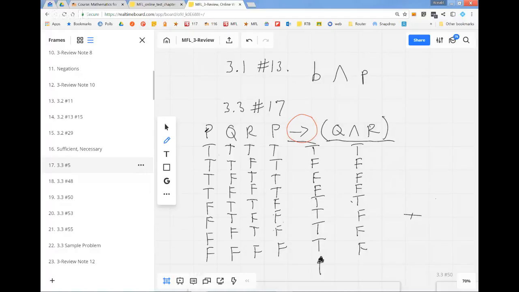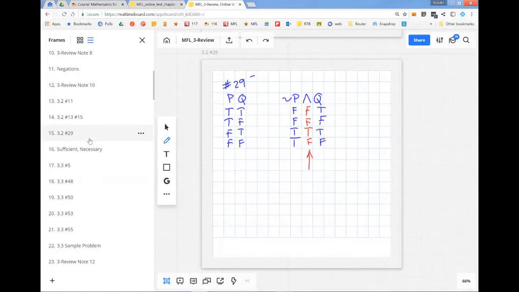I have a question on 3.2, number 31. All right. So this is not the right one, but it was close. Okay, number 31. We'll do that below here. So basically my biggest question on this one is when you have to find the negation for the final column.